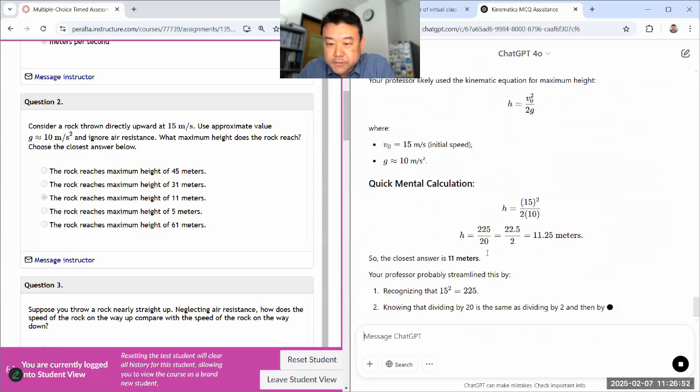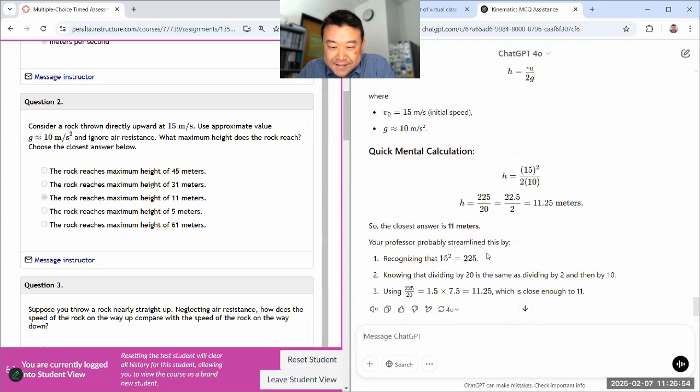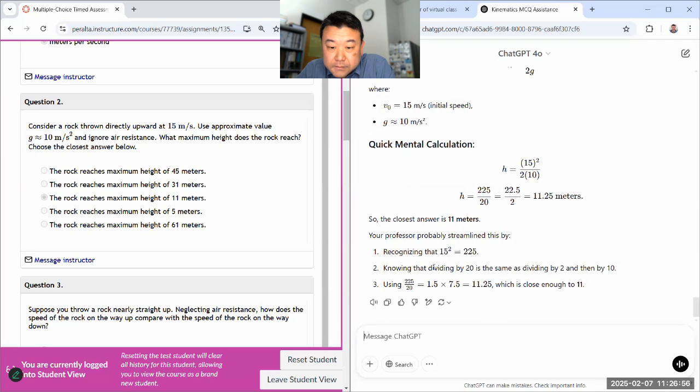Oh wait, that's wrong. That's not quite right. I seriously thought that he could do 15 squared is equal to 225. I could. That's the kind of thing that you do memorize. Like 13 squared is 169. I don't do the calculation, I have it memorized.